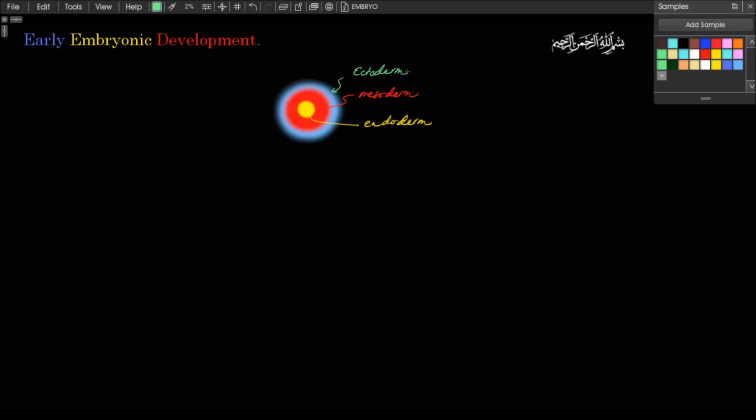In human embryology, for example, the ectoderm layer gives rise to the skin and the brain and spinal cord, whereas the endoderm gives rise to the lining of the gastrointestinal tract. What we shall learn today is how a zygote evolves and develops into an embryo that has these three layers. The most primitive of the animals of the animal kingdom only have two layers.